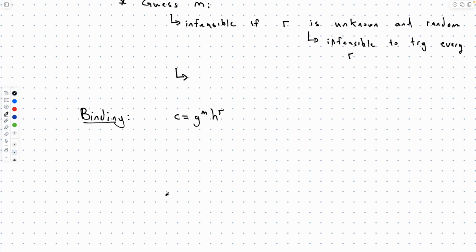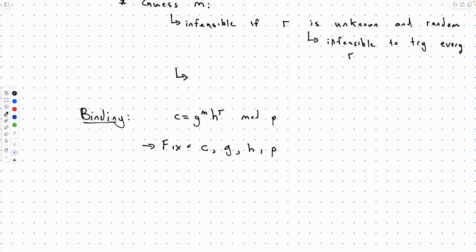Do we think this is a binding commitment or not? Before I argued that once you fix C and G, there's only one M that gives you that C. Here I'll approach it the same way. We're going to fix C, we'll fix G, we'll fix H, and if we want to write the mod P, we'll fix P as well.